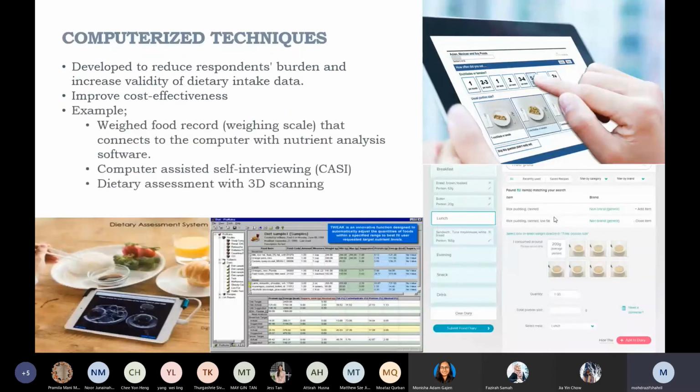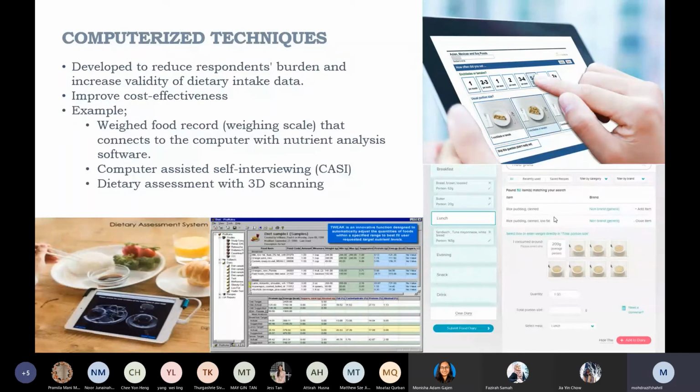The next mode is the computerized technique. This is quite new in Malaysia. In the past few years, there have been studies using computerized techniques. This is developed to reduce respondent burden, increase validity of dietary intake data, and improve cost effectiveness. So imagine you have a paper-based FFQ and a computerized FFQ.